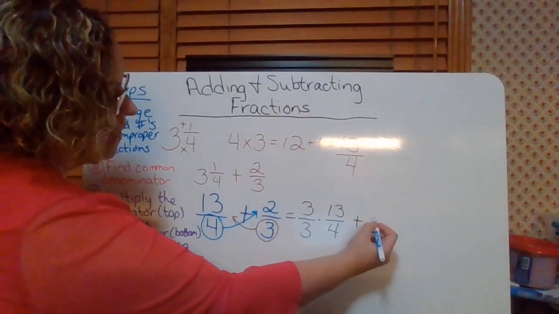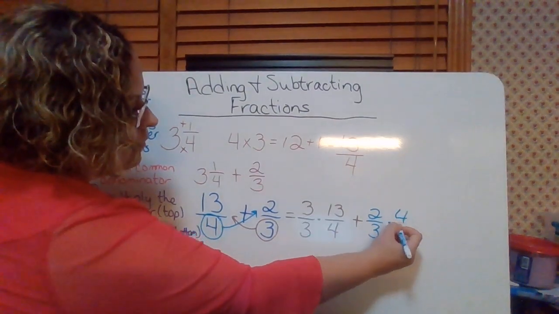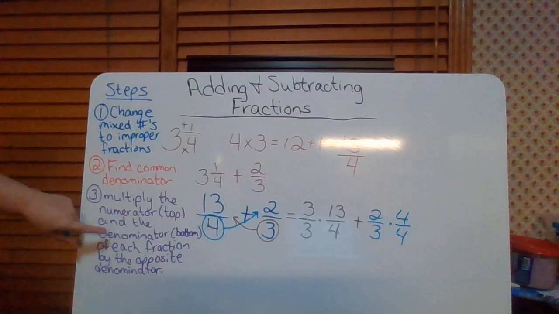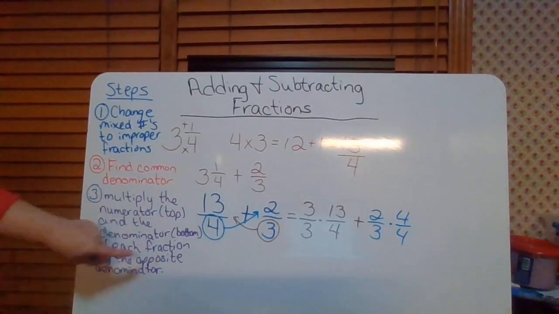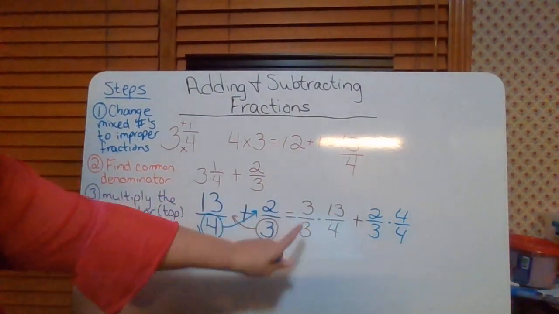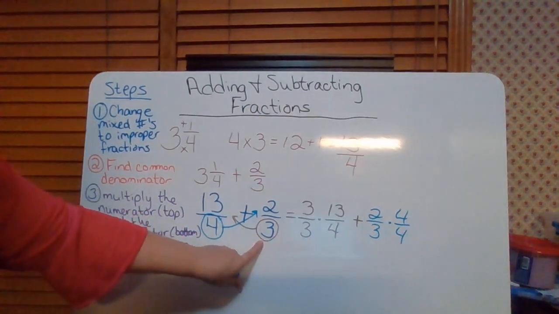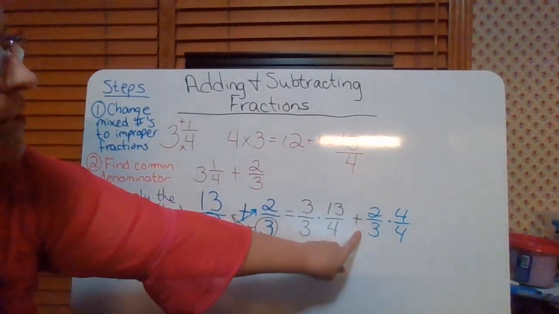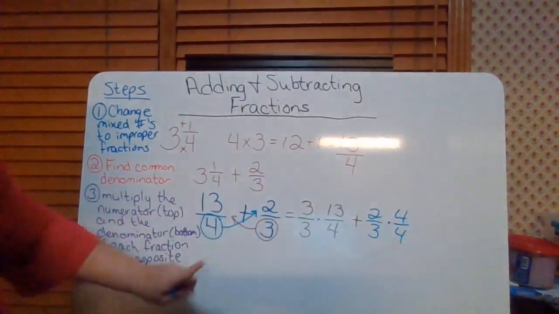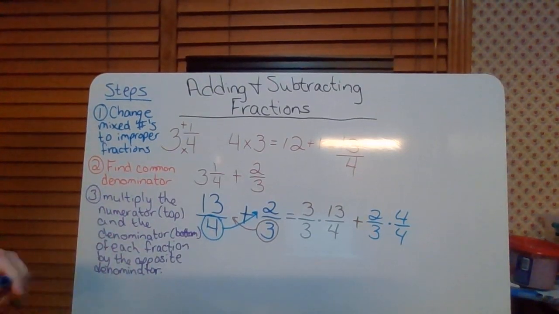So now I'm going to have 2 over 3 times 4 over 4. So for this first one, I multiplied the numerator and the denominator by 3 because that was the opposite denominator. And this one, I multiplied the numerator and the denominator by 4 because that was the opposite denominator. So that's what that means.